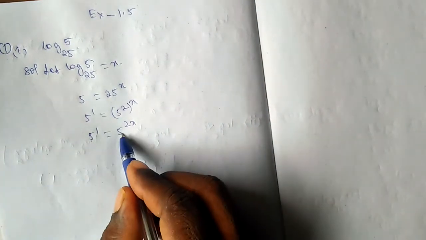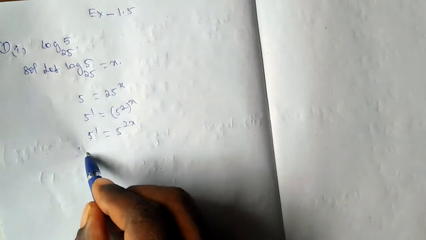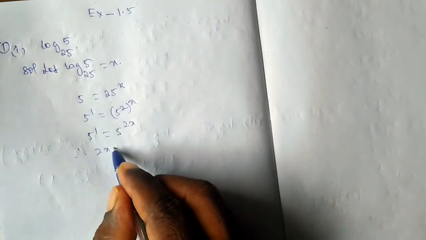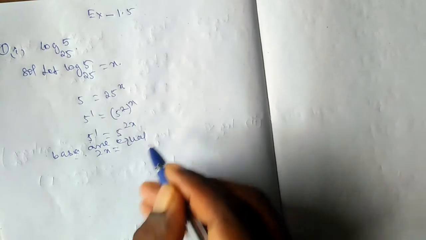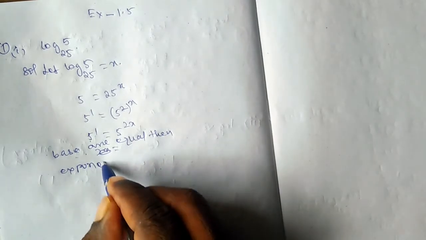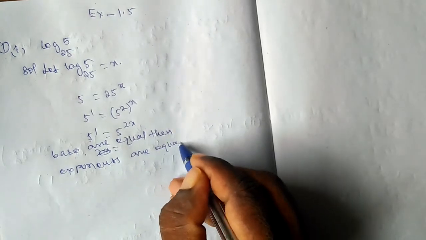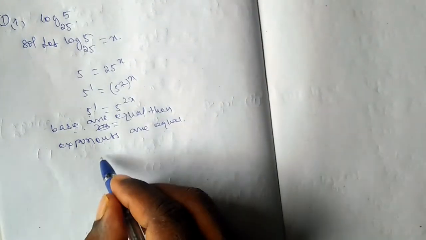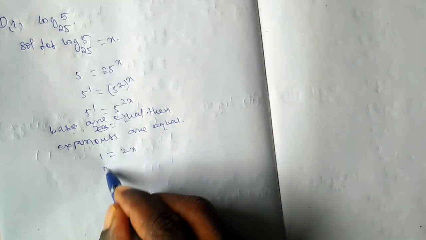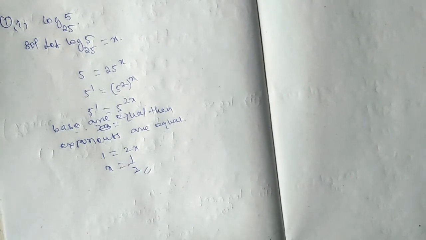Bases are equal, then exponents also are equal. So 1 is equal to 2x, x is equal to 1 by 2. This is the answer for the first problem.